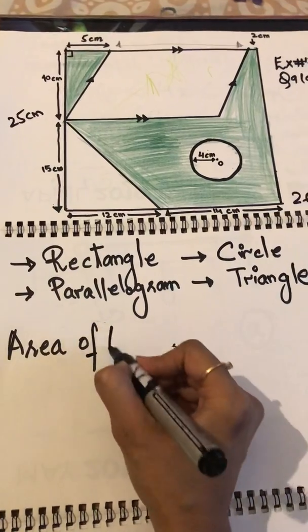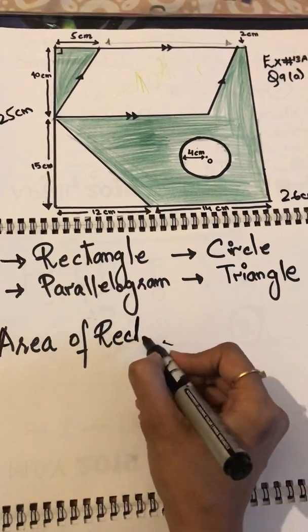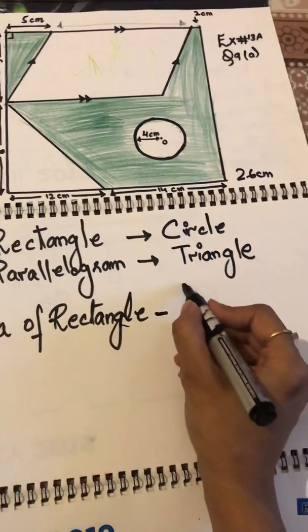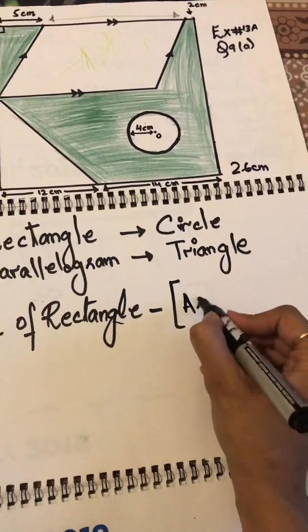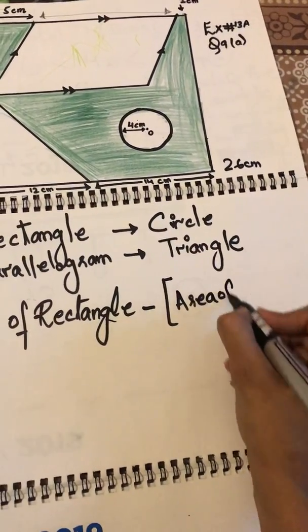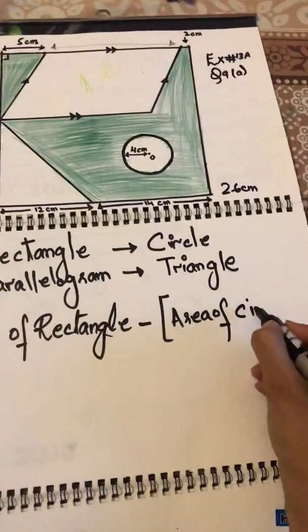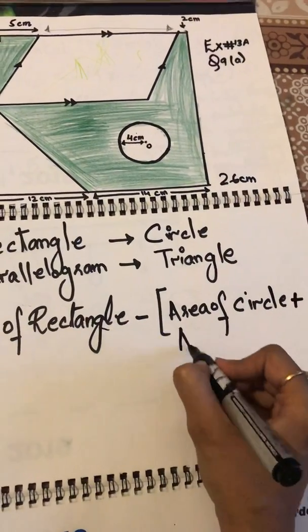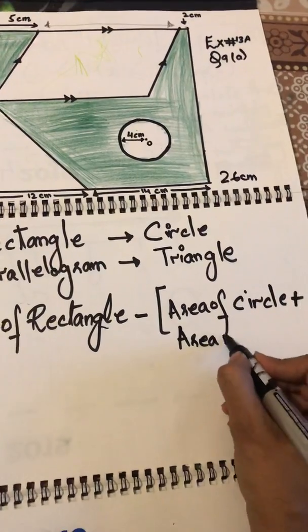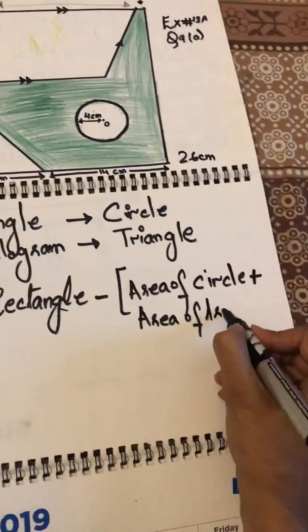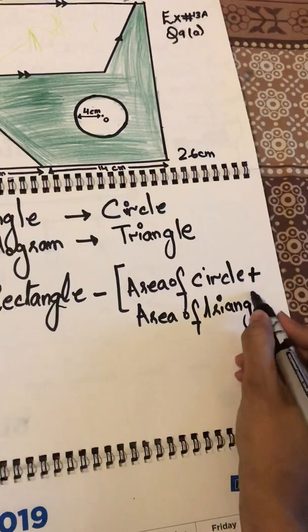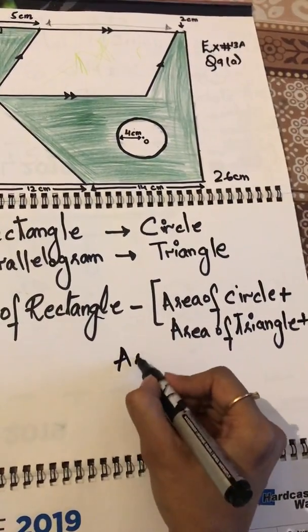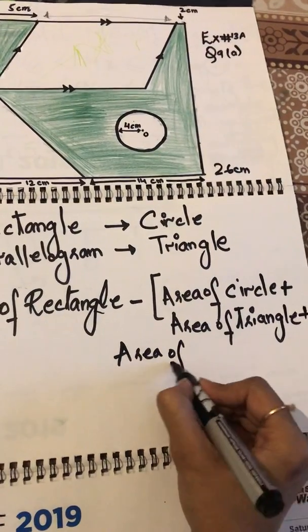Area of rectangle minus area of circle plus area of triangle plus area of parallelogram.